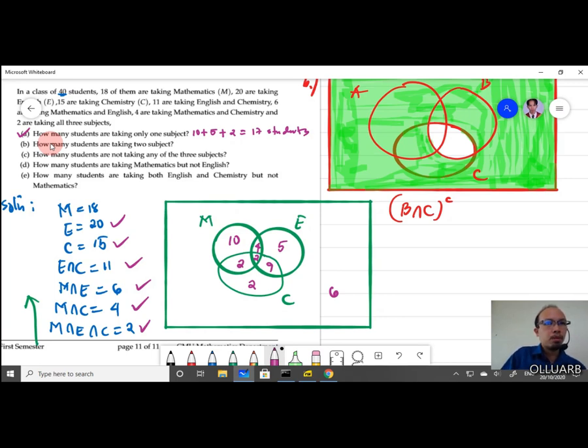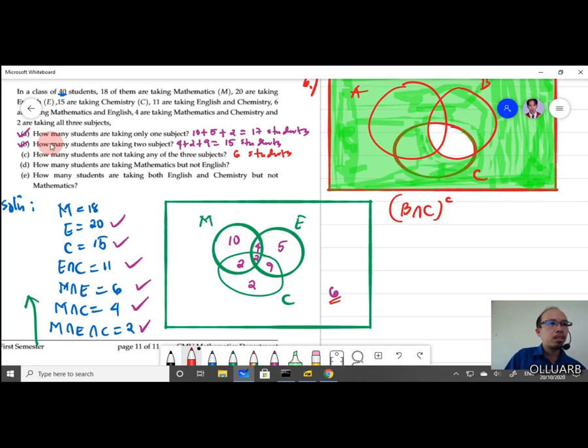We have 4 plus 2 plus 9. We have 15 students. For number 3, how many students are not taking any of the 3 subjects? We have this one, 6 students.